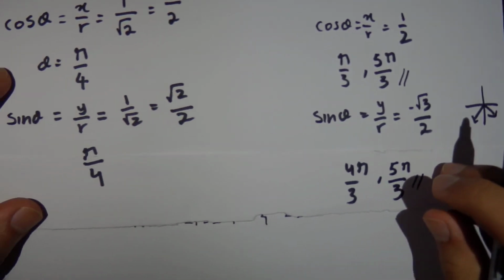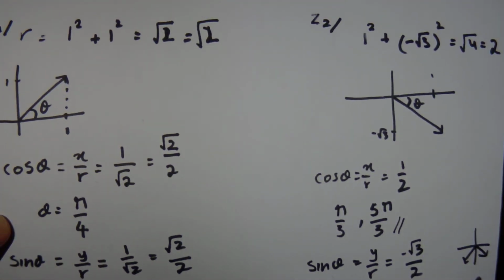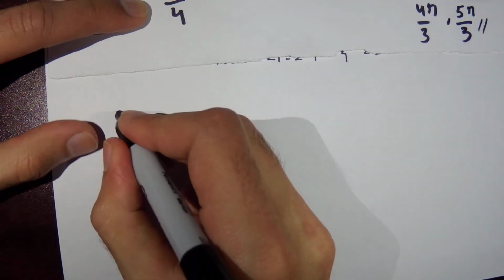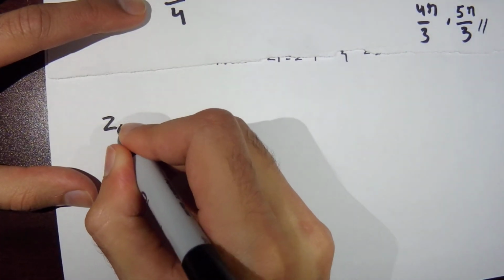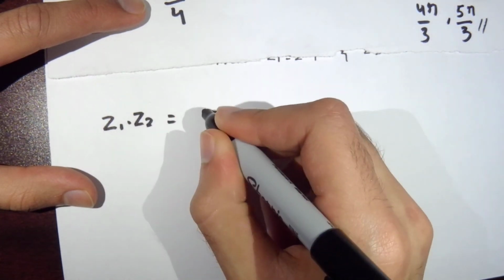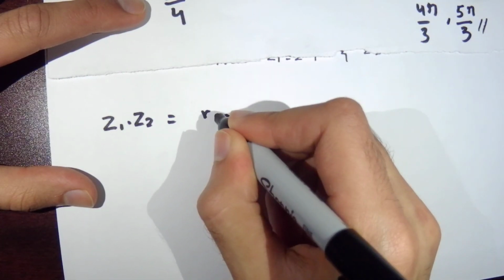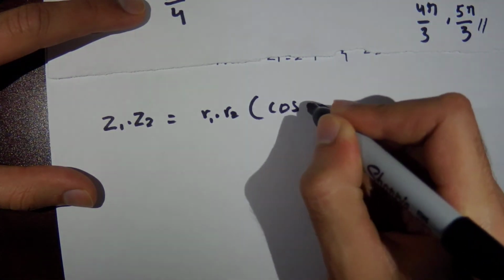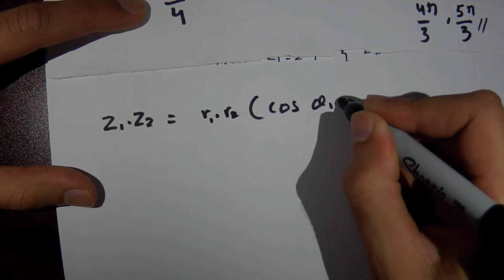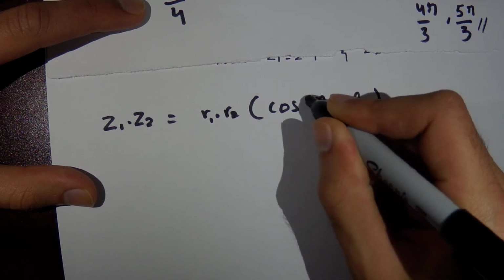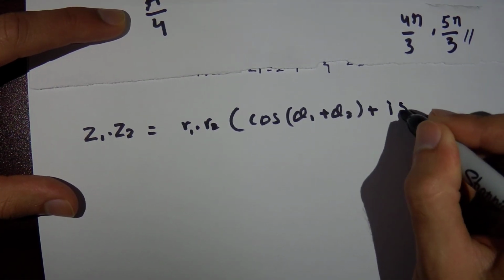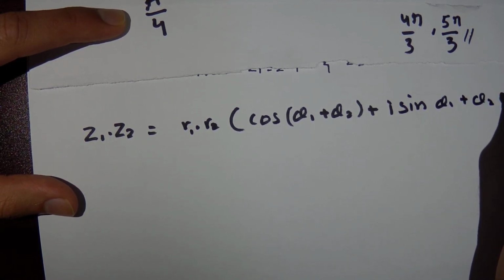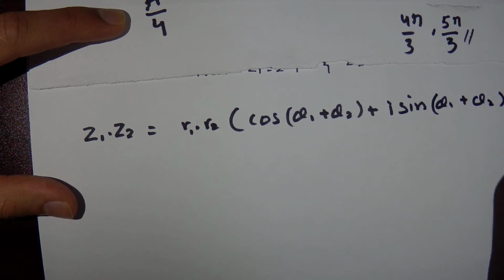Now we have all our information, and we're simply going to plug it back into the formula we recognize. So we'll put down the formula here. z1 times z2 is equal to r1 times r2 multiplied by cosine of theta 1 plus theta 2 plus i sine theta 1 plus theta 2, that in brackets.